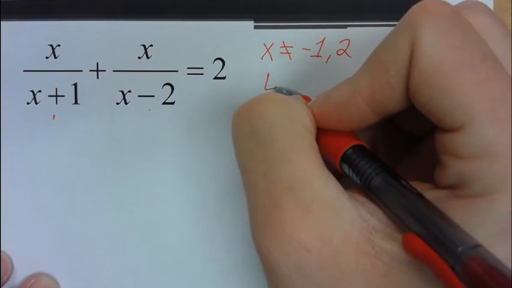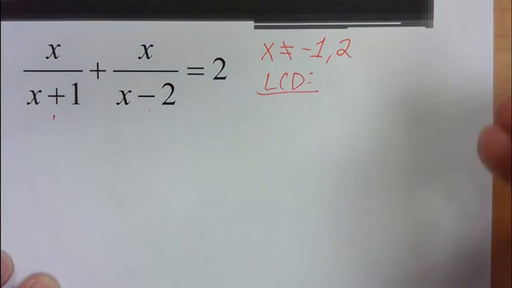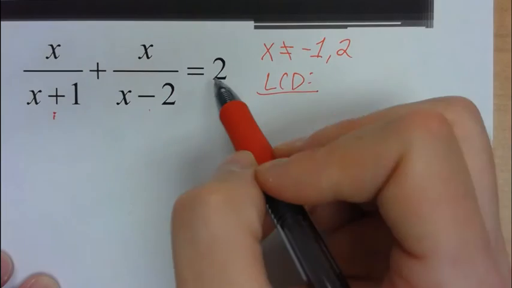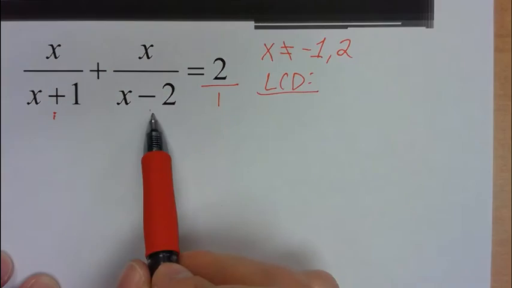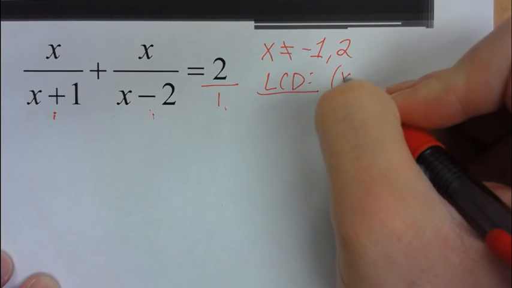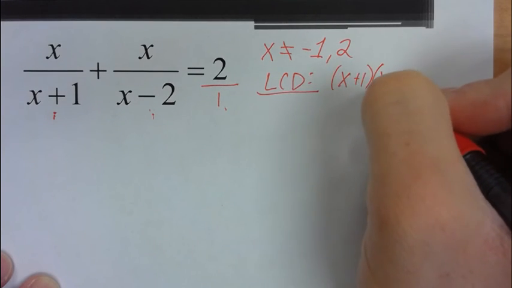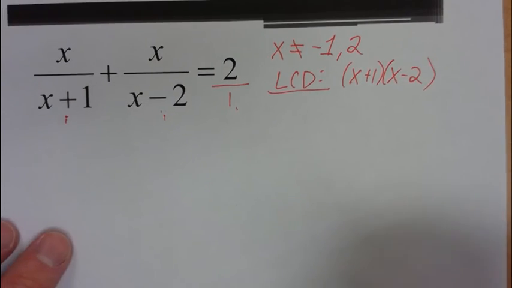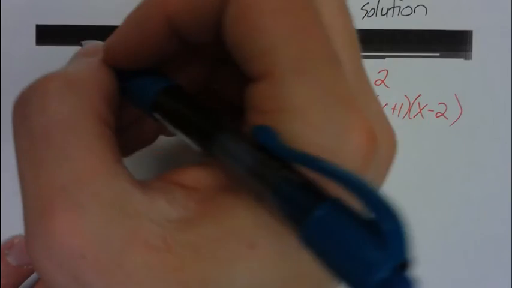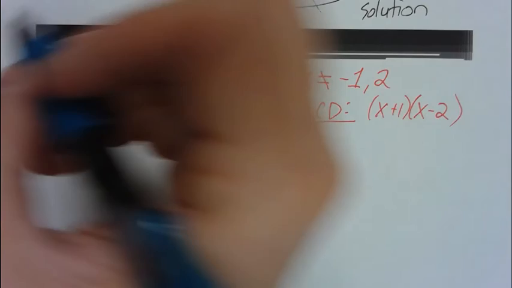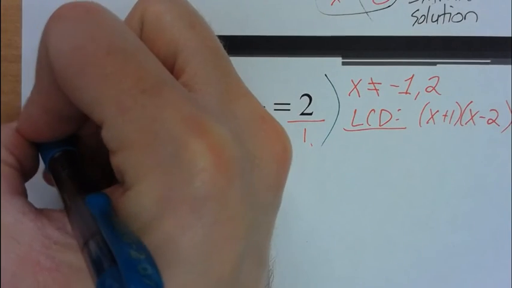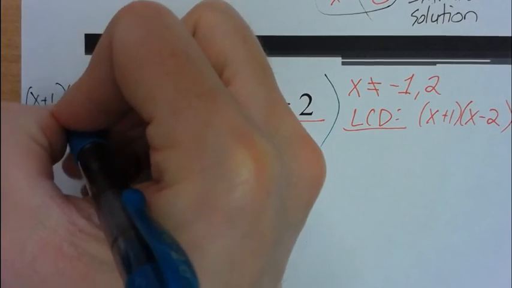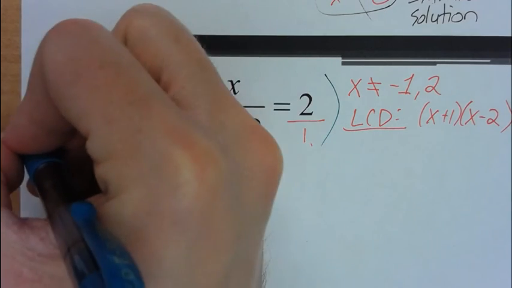Our lowest common denominator would be x plus 1, x minus 2, and 1. And so we have that, and that's what we're going to multiply our whole equation by. So we're going to multiply it by x plus 1 times x minus 2 over 1.